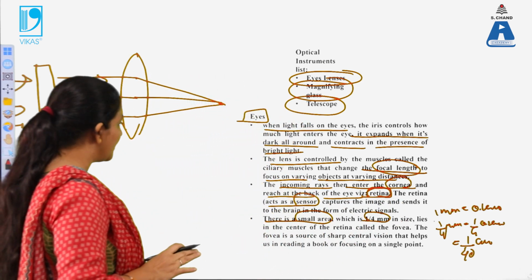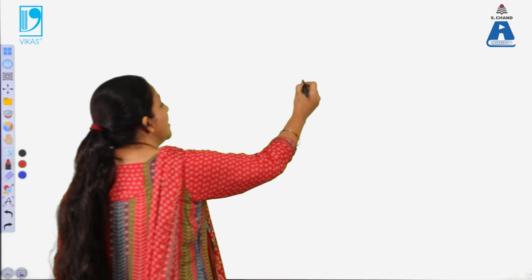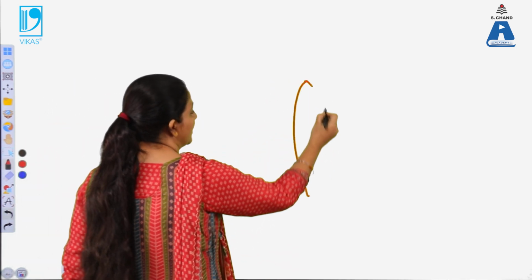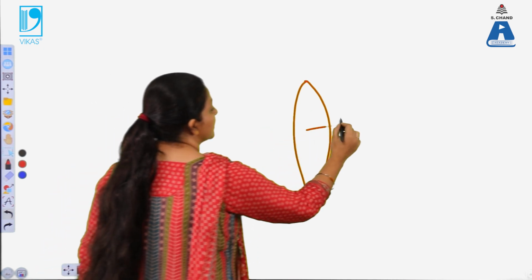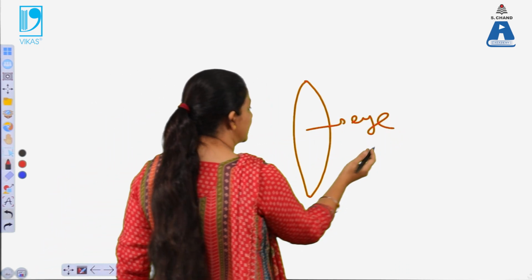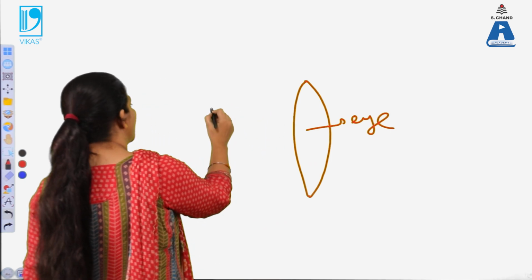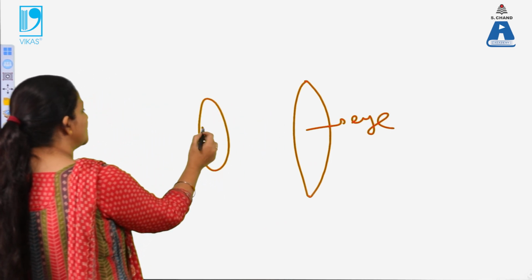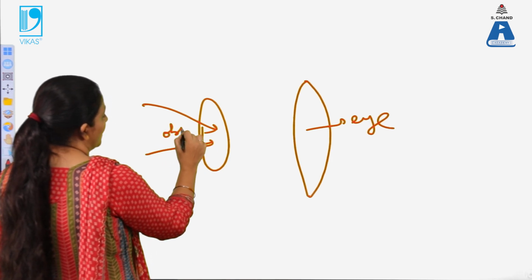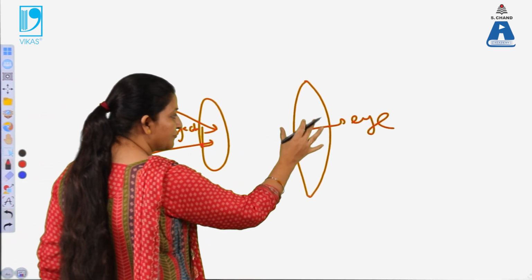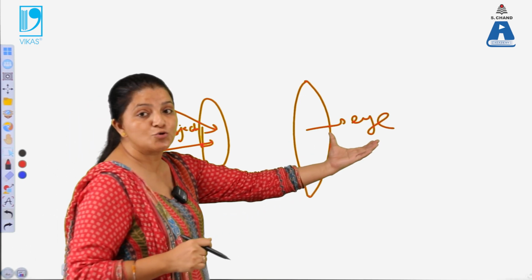Now, experimentally, how can we explain this? If there is the presence of a lens in the front end, and this is our eye, how can we see the object? If this is the object, the light will be falling on this object. So how is the information reached to our eye?